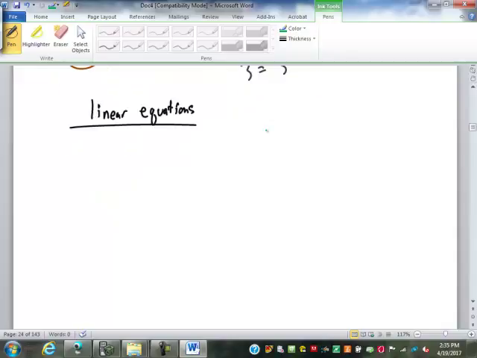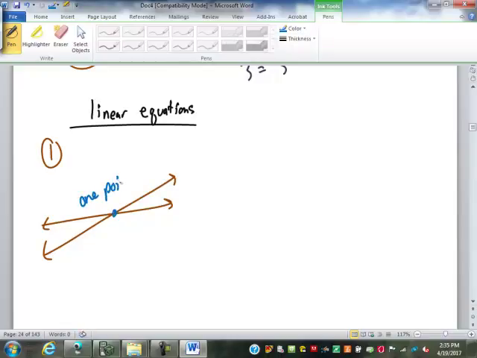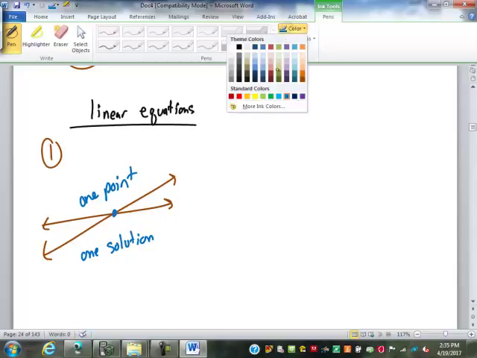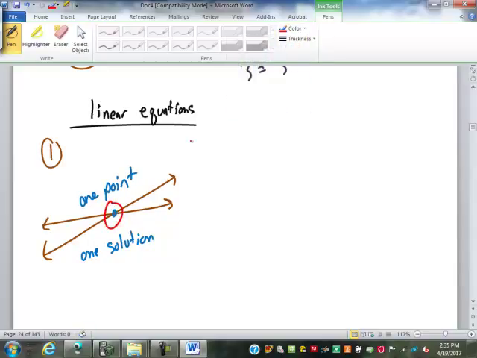There are 3 possibilities. Possibility 1, the lines cross at one point. So there's only one solution. And that solution is the point where they cross.